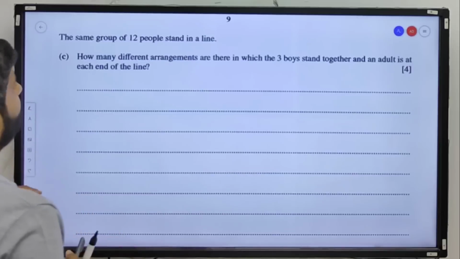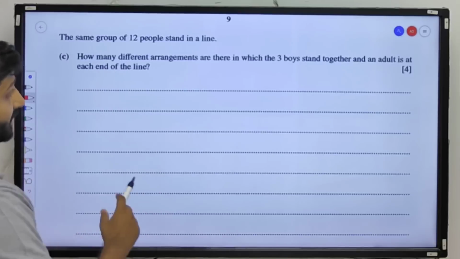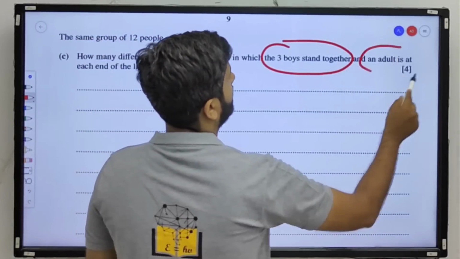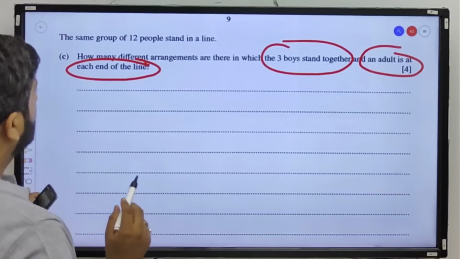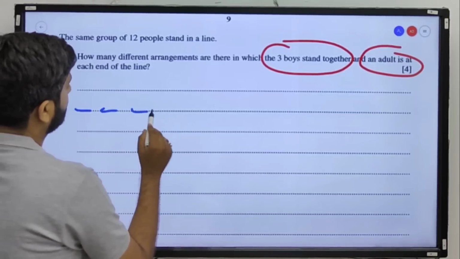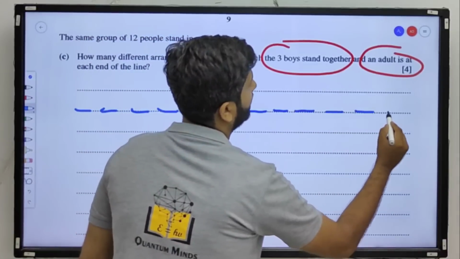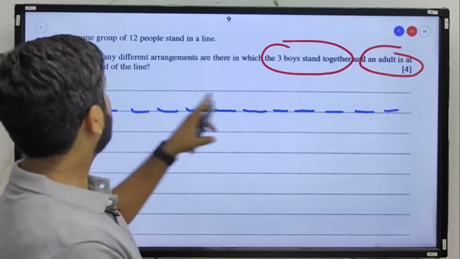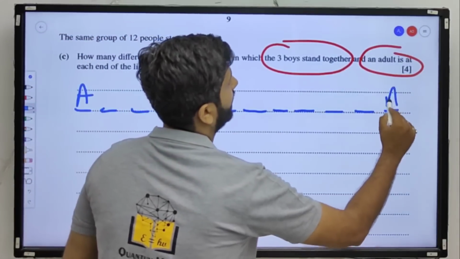The same group of 12 people stand in a line. How many different arrangements are there in which the 3 boys stand together and an adult is at the end of each line? So we have 12 people standing in the line, and at each end of the line we have an adult.